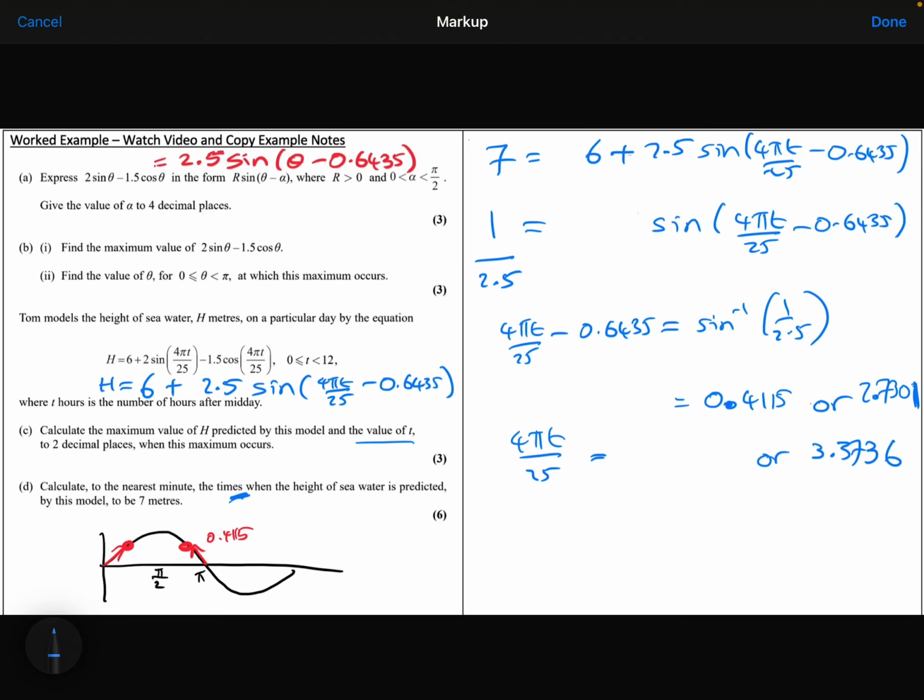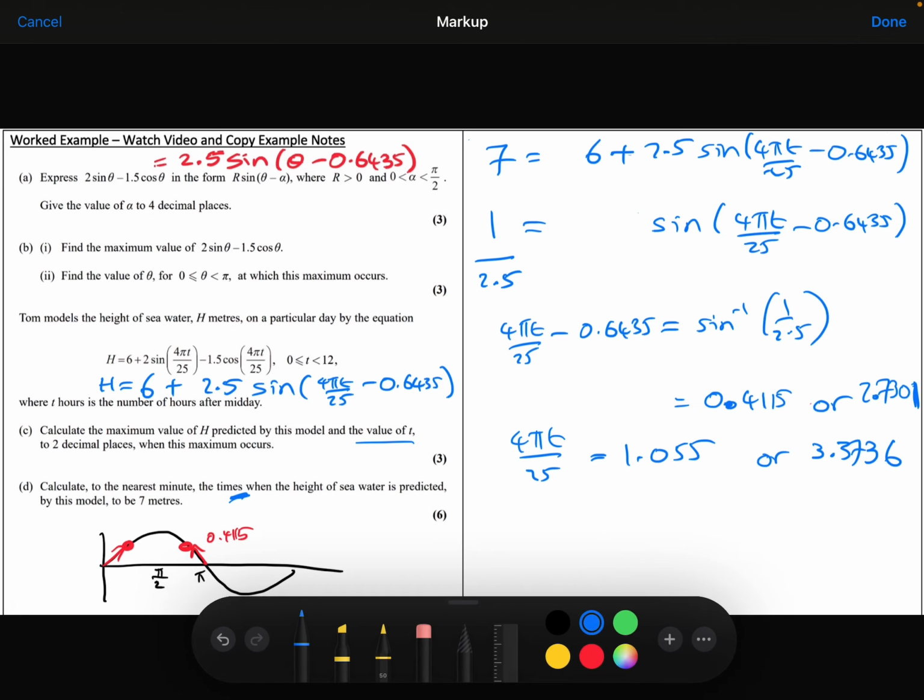When I add it to the 0.4115, I get 1.055. I am now going to times both of those by the 25, and then I will divide both of those by the 4 pi.